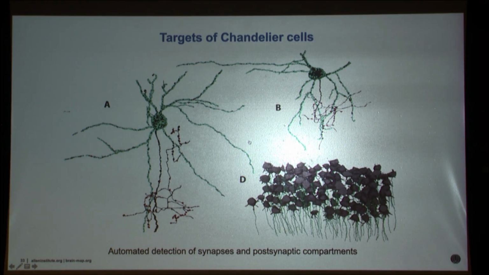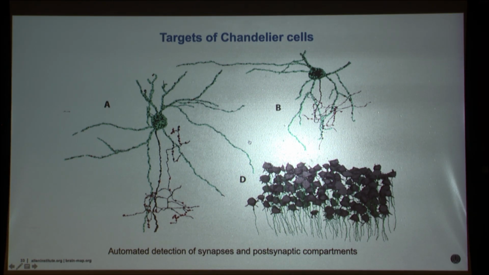One of the most idiosyncratic and just interesting neurons is known as a chandelier cell. And these are inhibitory neurons that do one thing.